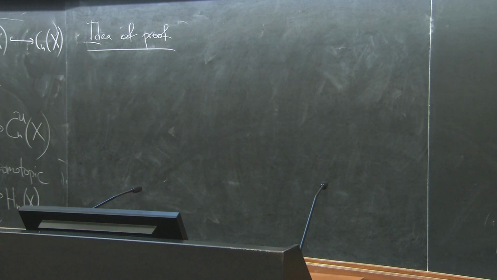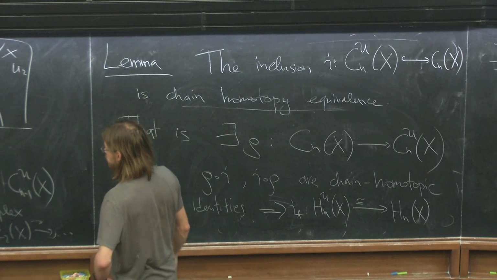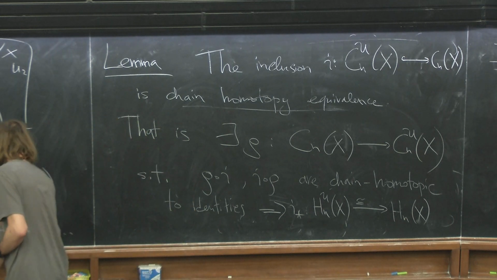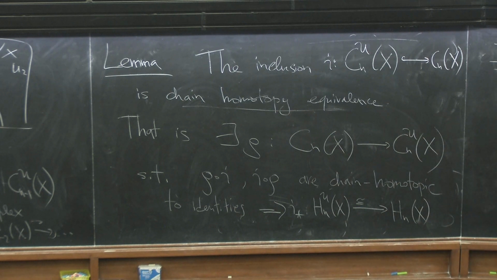Okay, this map is just inclusion, but how do we construct some sort of natural map from Cn of x to this restricted one? Well, the idea is that if you have, for example, just the same picture which I had before.